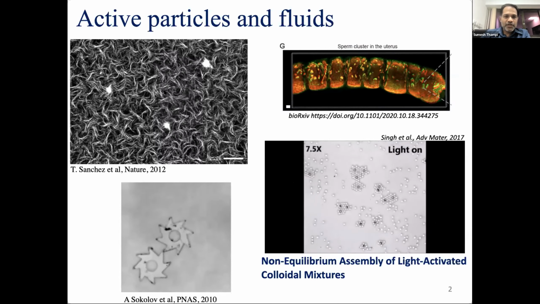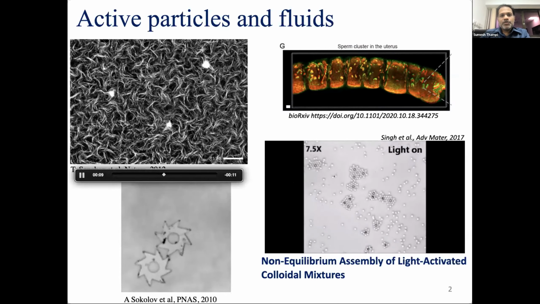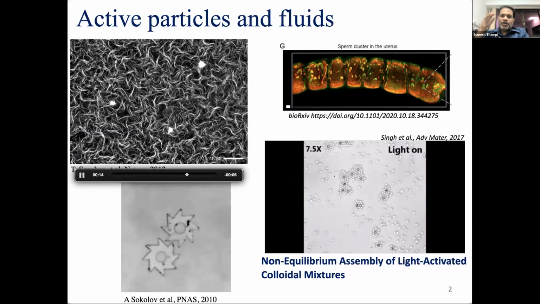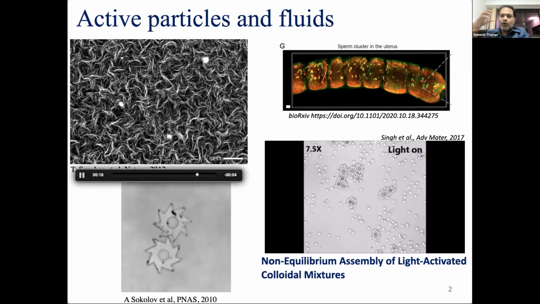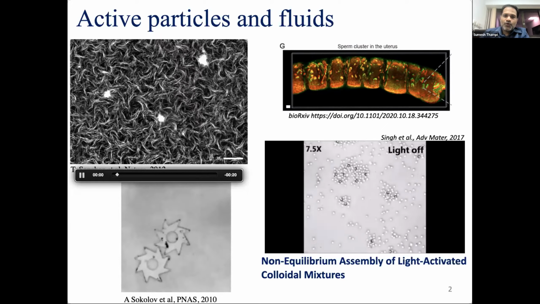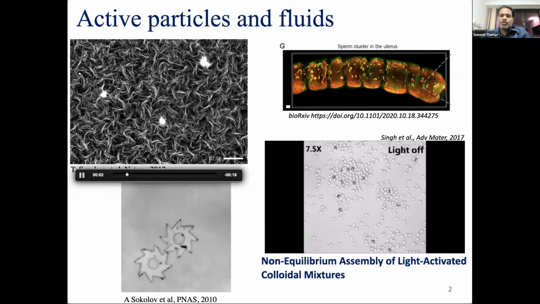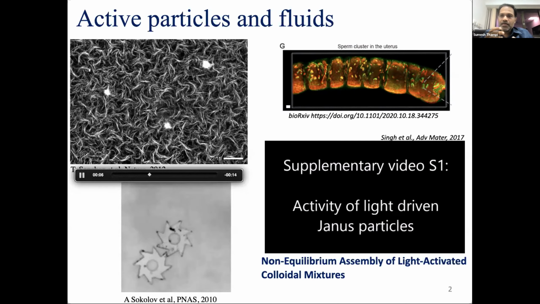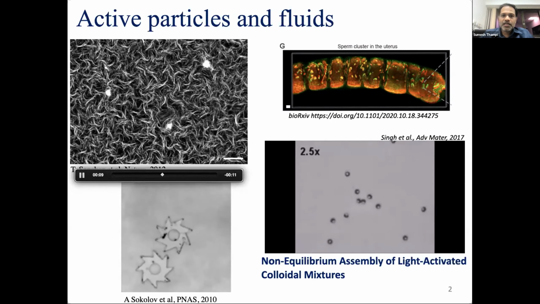The first picture on the left-hand side is inside the cell. If you look, you always see filamental kind of structures, right? What this particular experiment shows is that if you take out those networks and make a suspension of it, this is how it would look.